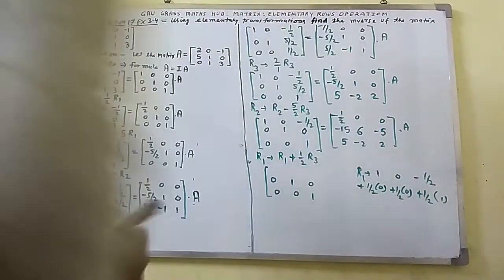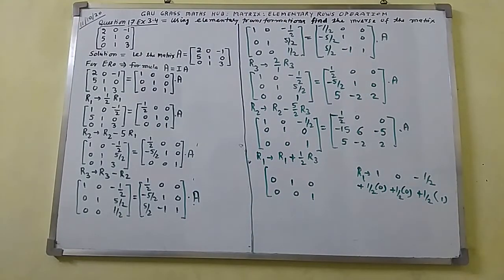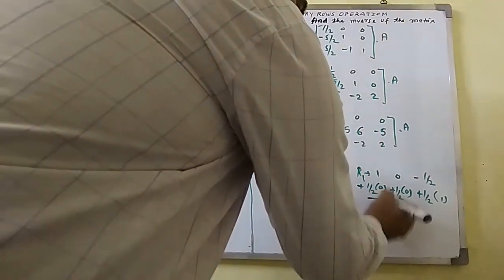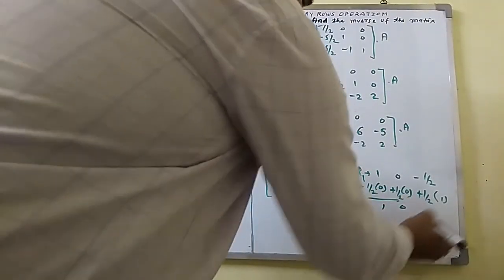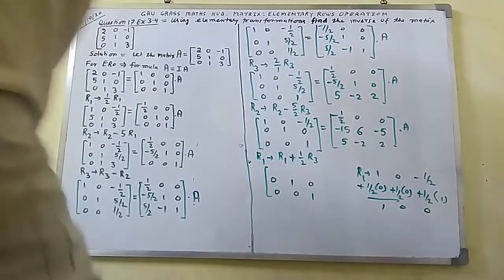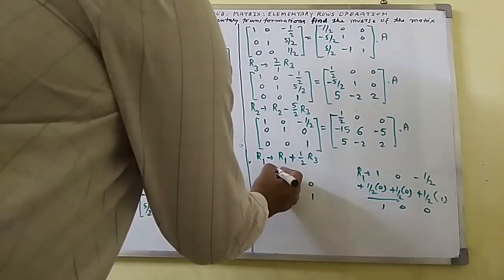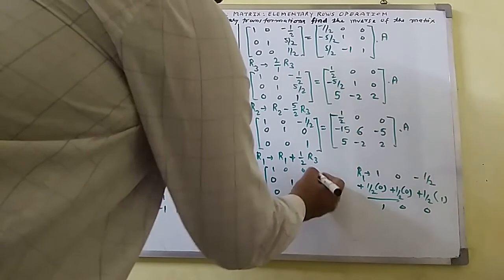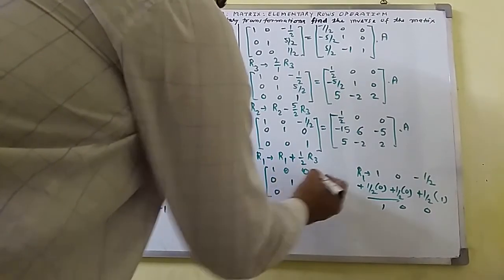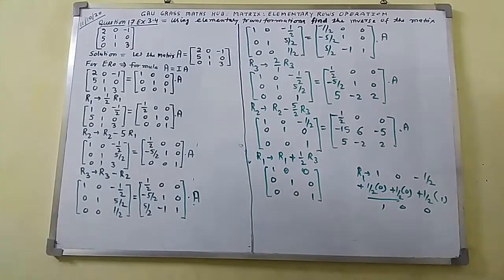R3, you got here 1. So do the operation. In place of this one you will get here 1, here 0, here 0. So it will become 1 0 0 easily. The closing of the square bracket will be done.